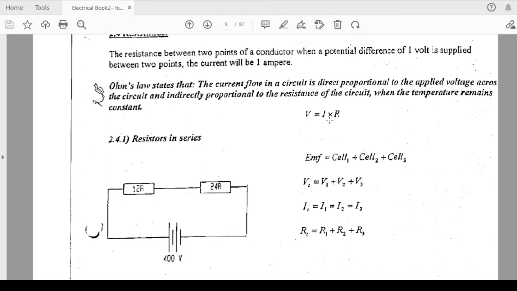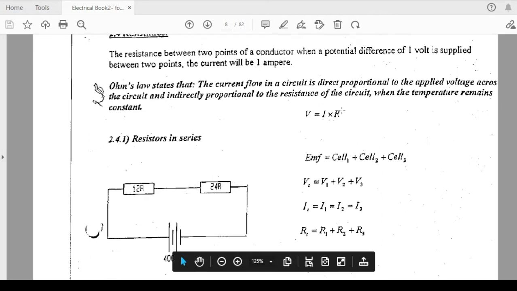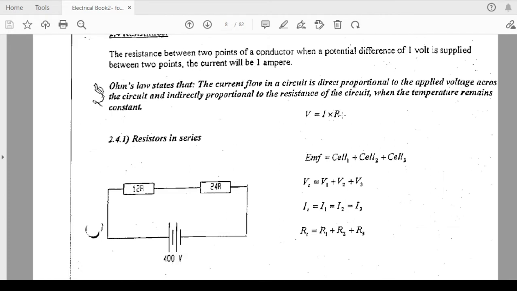Low. Yes, that is inversely proportional. When we say current and resistance are inversely proportional, it means that when you increase one, the other one reduces. So when you increase resistance, current will reduce. The higher the resistance, the lower the current. The lesser the resistance, the more the current.